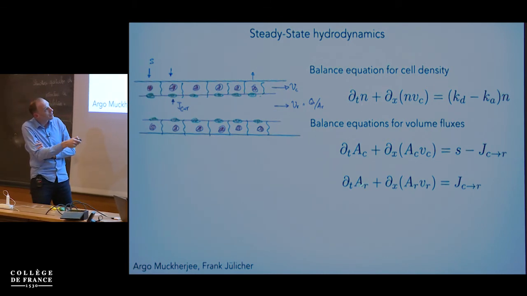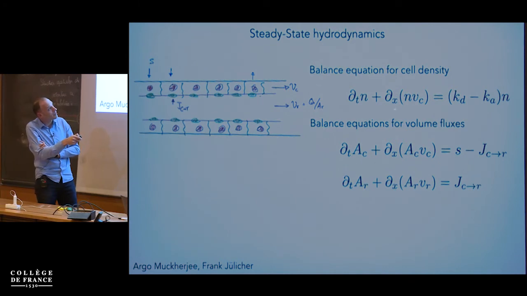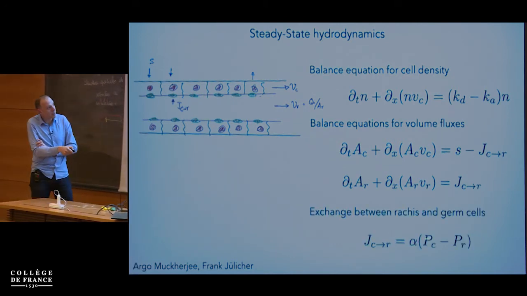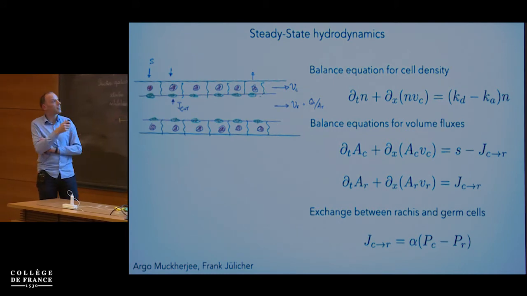So we can make use of steady state assumptions here to investigate both the balance equations for cell densities and for the fluxes of volume for the cells and for the rachis. And there's an exchange flux between rachis and germ cells that depends on the pressure difference between these two. Okay?